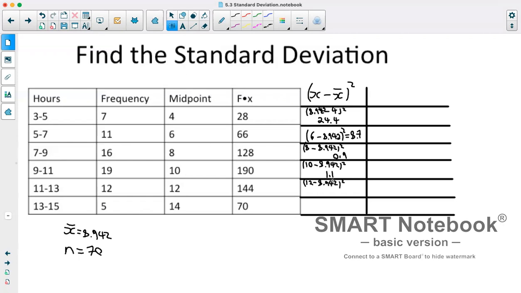Square that gives us 9.4. And then this last one, we have 14 minus 8.942 and squared. And that gives us 25.6.